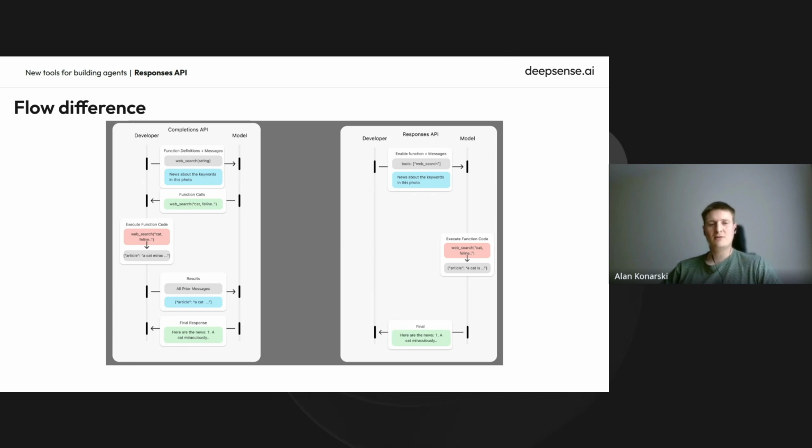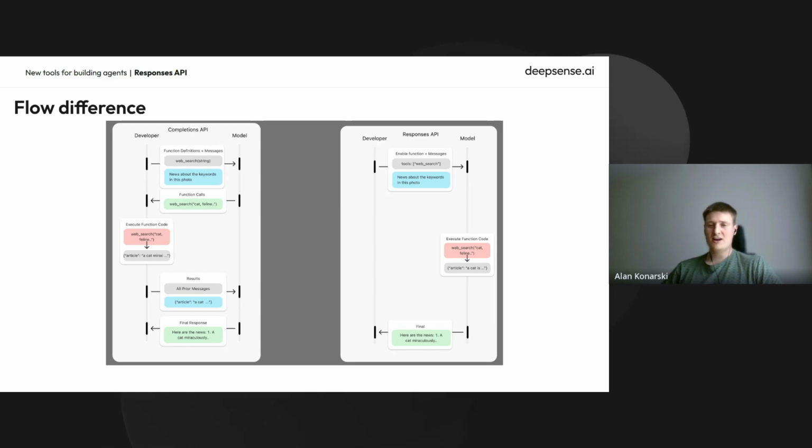With the old API, we would have to send an image to a model and ask it to propose the web searches that we want to perform. Then we have to call a function for web search locally, get the results of this web search and send them back to the model, and then we will have the final summary response from the model. You can see there is a lot of back and forth calling to the API.